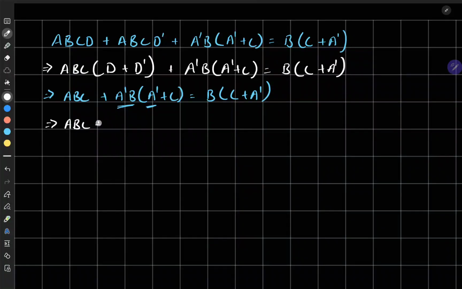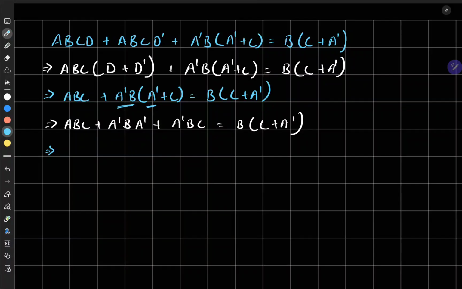So ABC plus A naught B A naught plus A naught B C equals BC plus A naught. Cool. Alright, now it looks like we have ourselves a nice roadblock here.